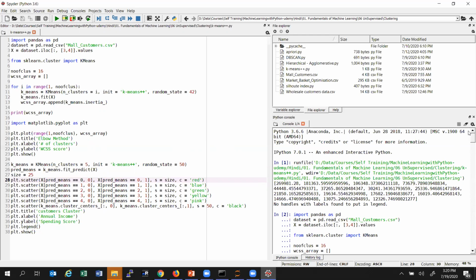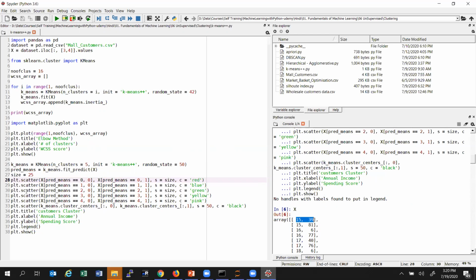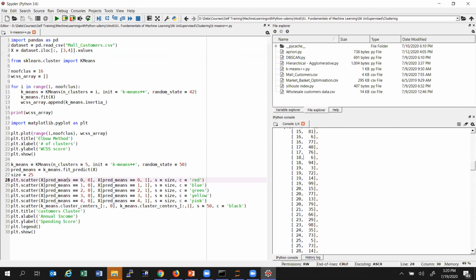Okay, so now what I'm saying, x, choose those points, those values here where prediction is equal to 0. And the 0 place of that means this place.